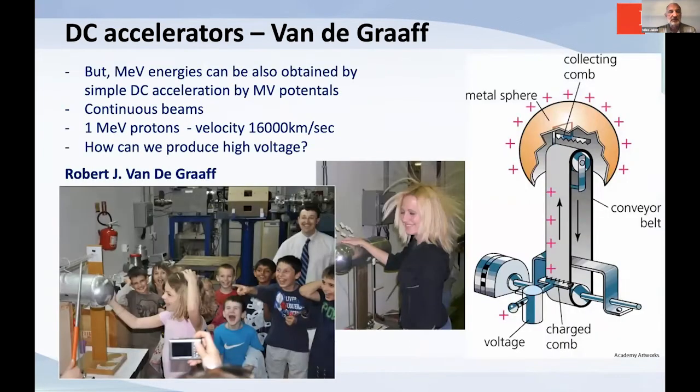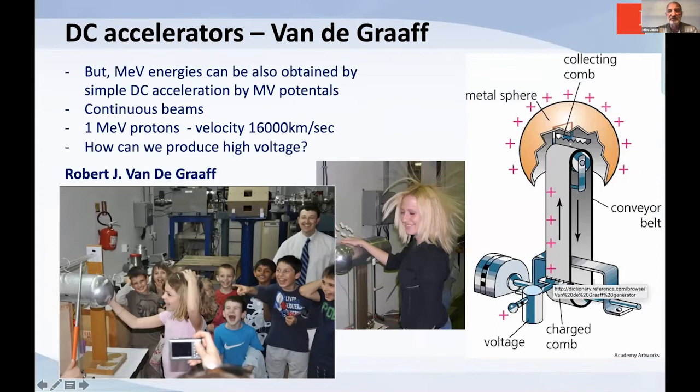In the case of electrostatic accelerators, there are only two basic ways to produce the megavolt potential. One, which most of you are familiar with, is the Van de Graaff generator, which is a very simple mechanism.